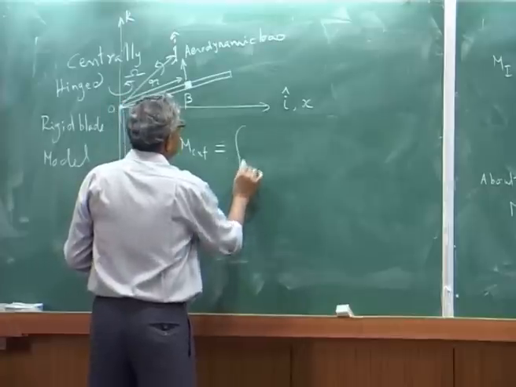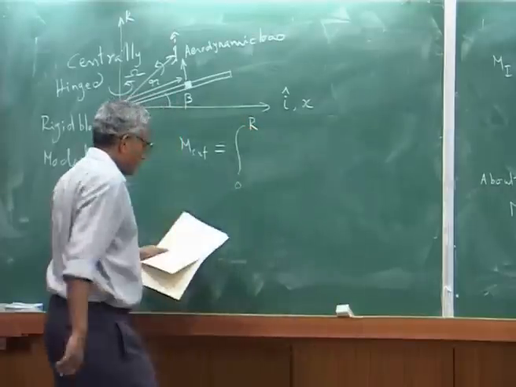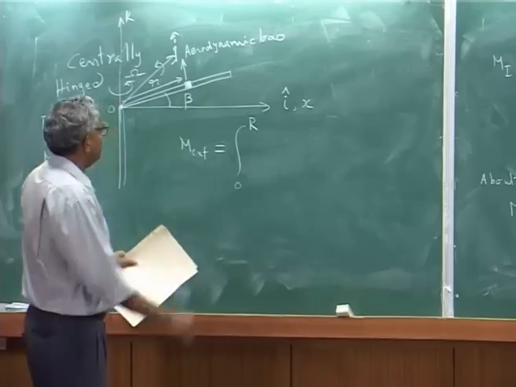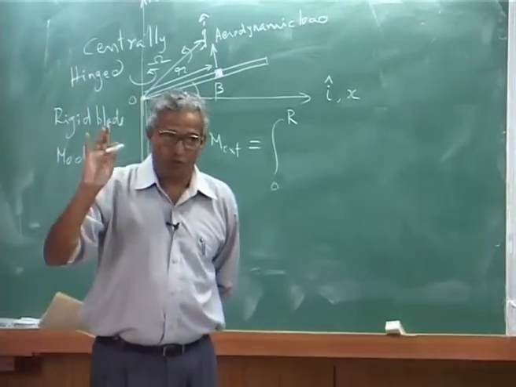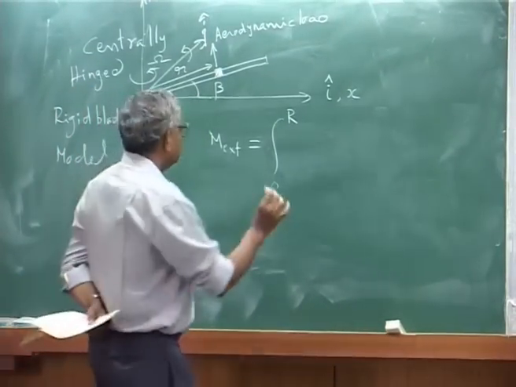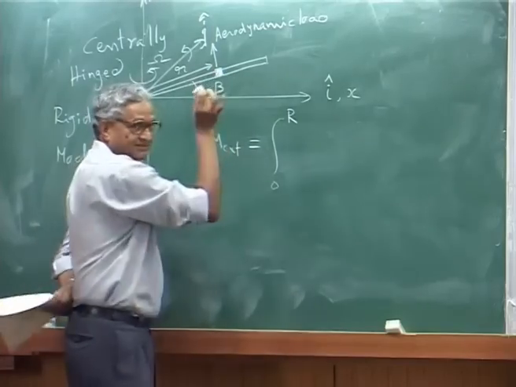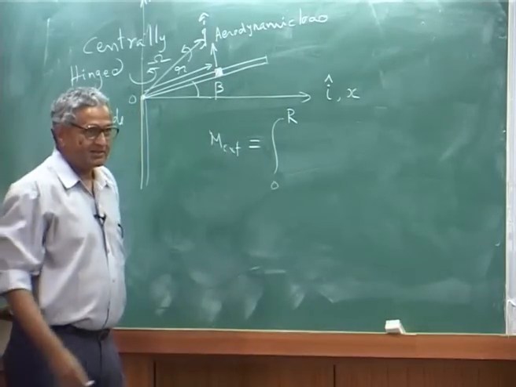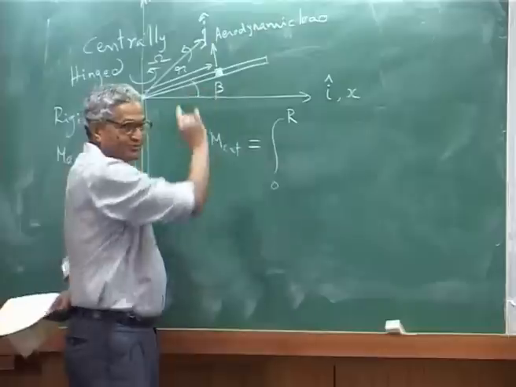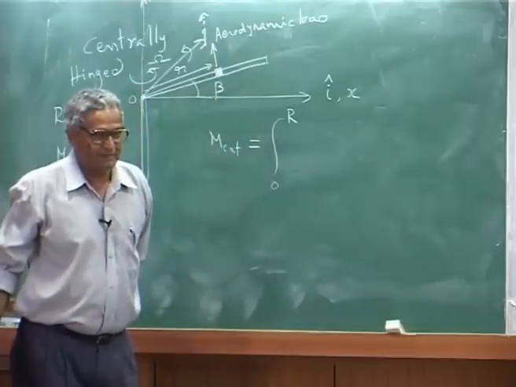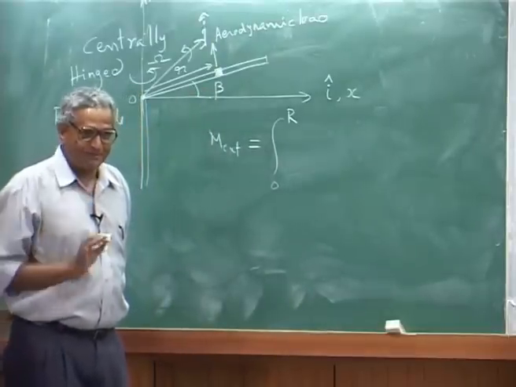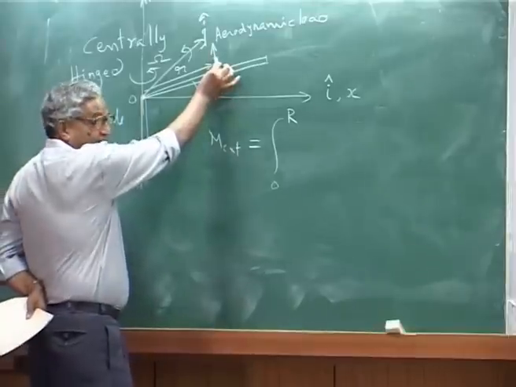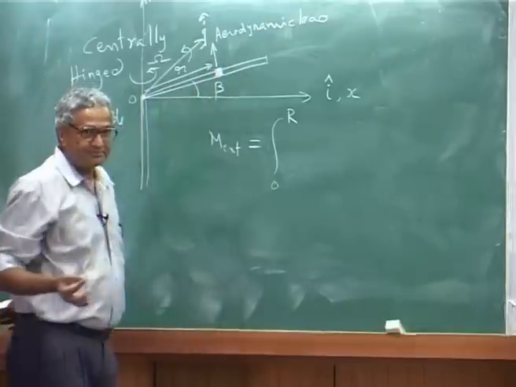Again you can take 0, capital R. We are taking lift force, because the drag force is along this direction, and the drag is not going to give any contribution to flap moment. So we neglect that and take only the lift force. When you take lift, lift is Fg into R.